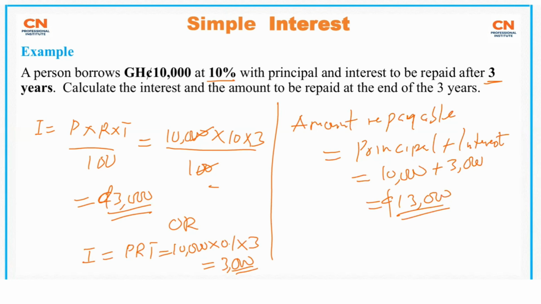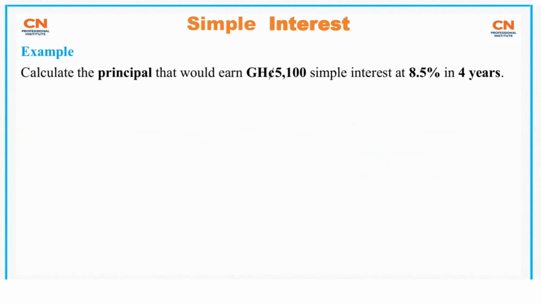Okay, let's look at another example. Calculate the principal that would earn 5,100 cedis simple interest at 8.5% in 4 years.